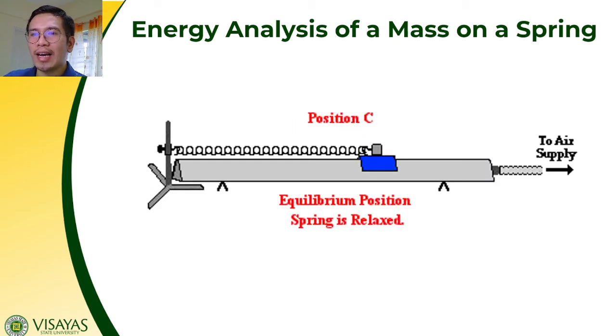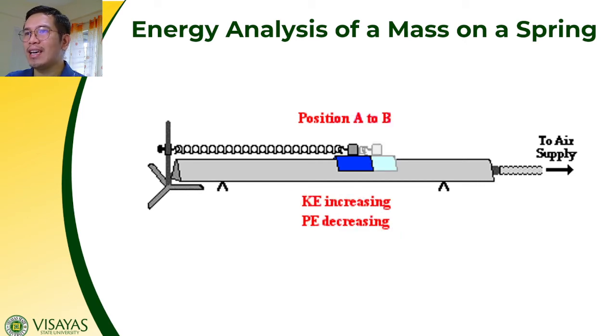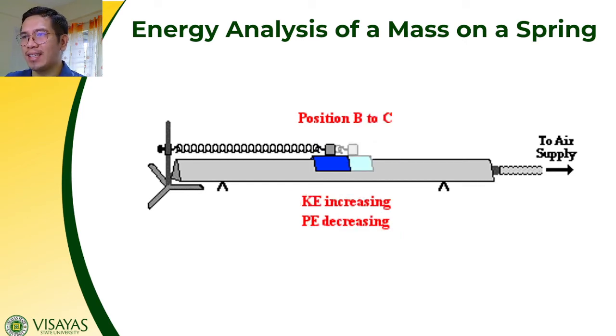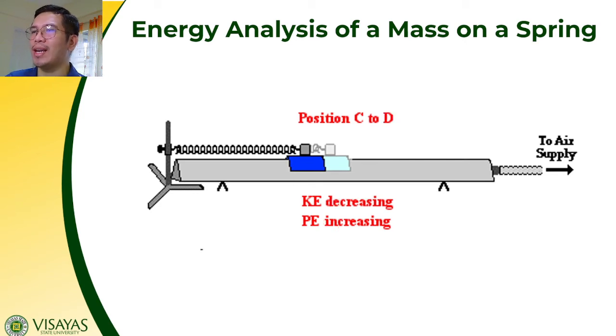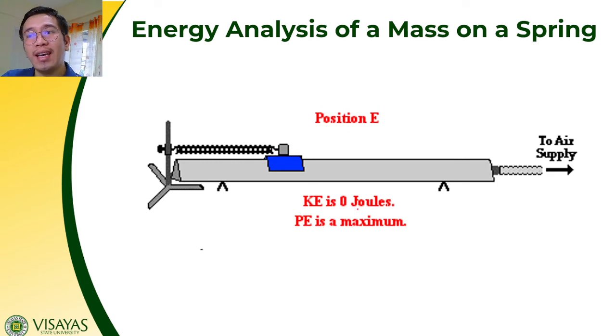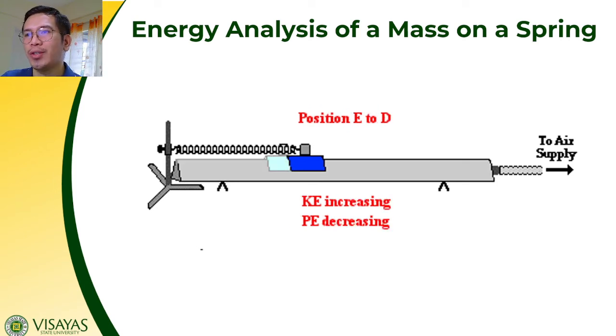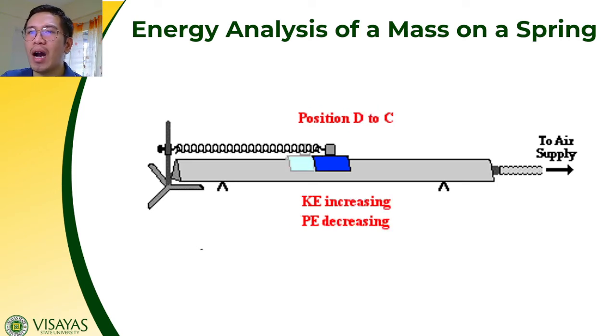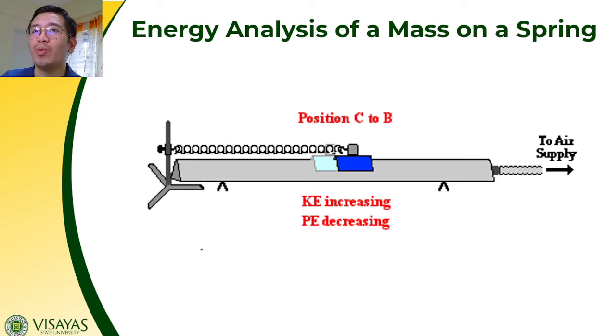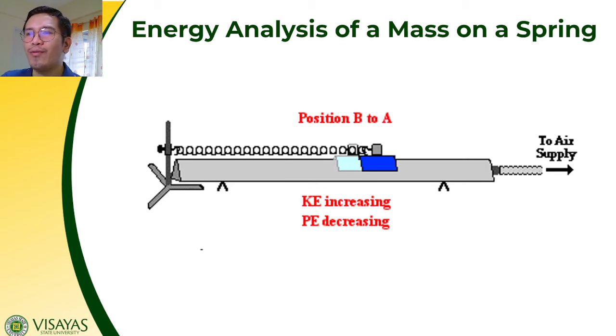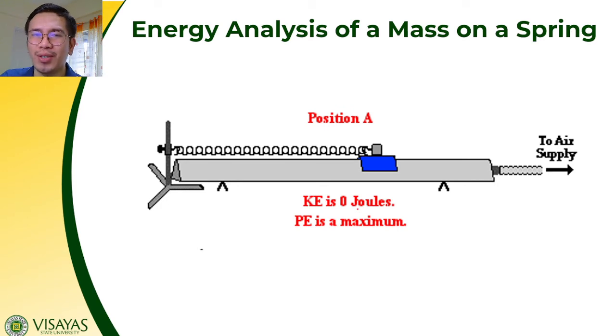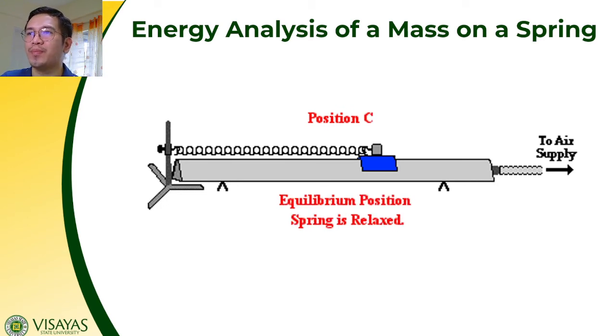So when the air track glider is at its equilibrium position, or position C, it is moving its fastest, as we discussed a while ago. At this position, the value of x is how many meters? The value of our x is 0. Again, the value of x at the equilibrium position is always equal to 0.